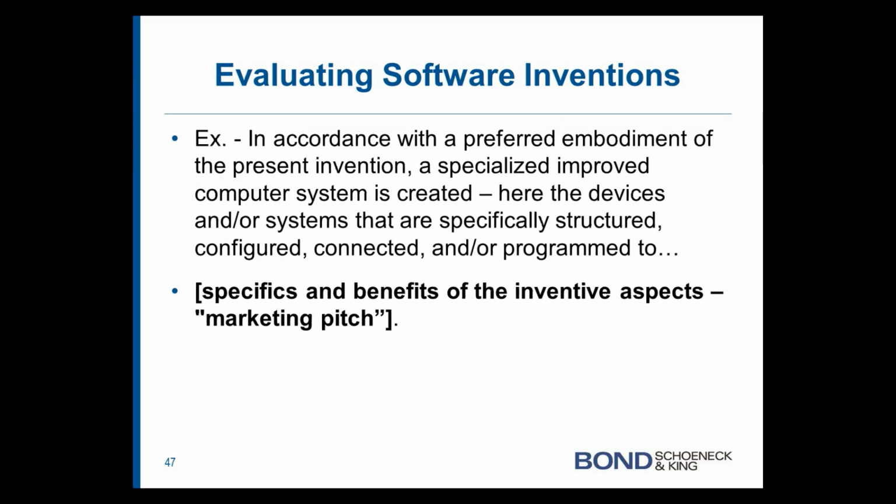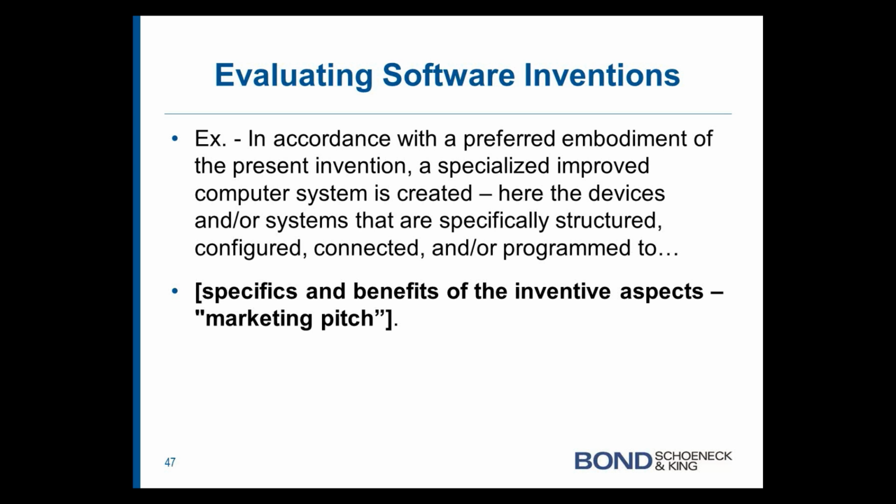So in accordance with a preferred embodiment of the present invention, a specialized improved computer system is created. This is an example of language that might be used to emphasize the fact that this is not a generic computer that I'm using here. This is a specialized computer that results from the software that I'm claiming, from the method that I'm claiming.